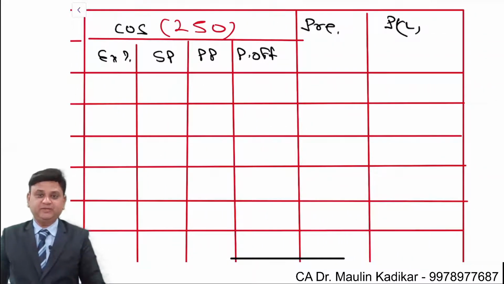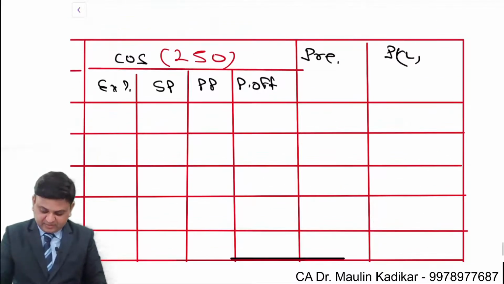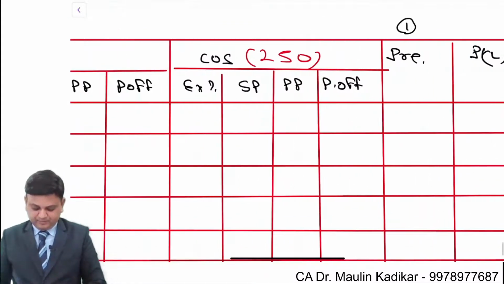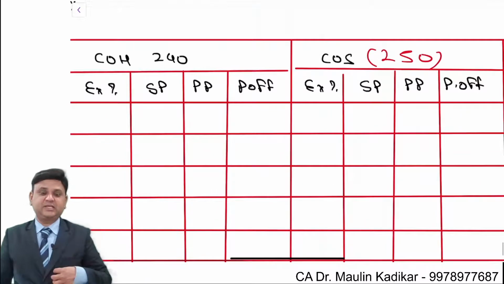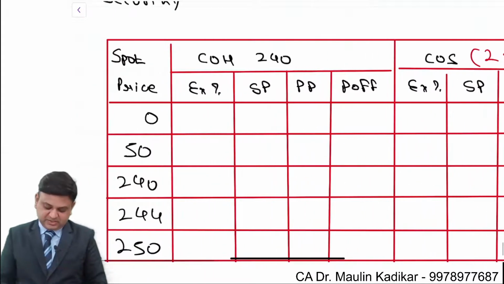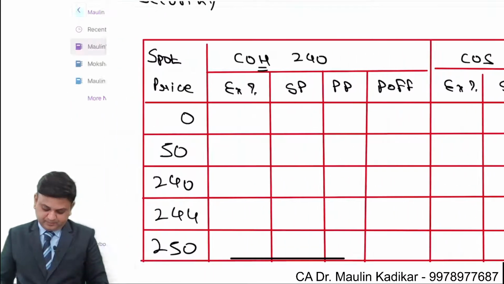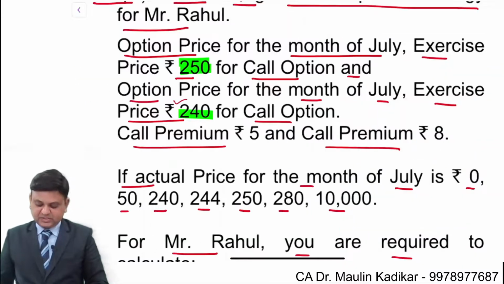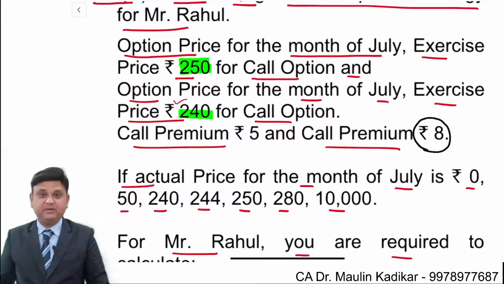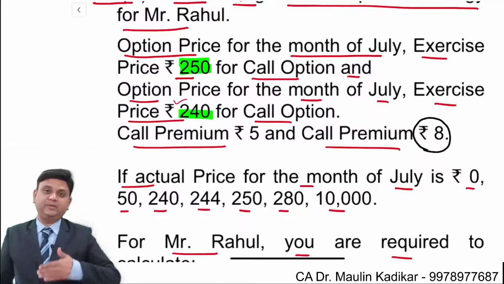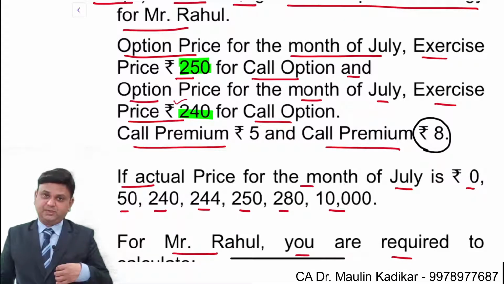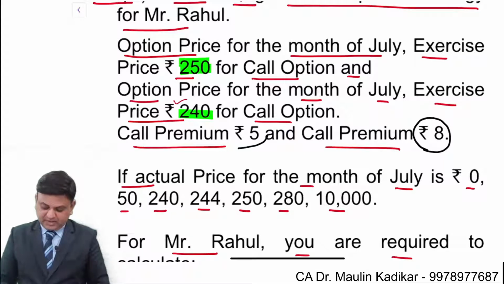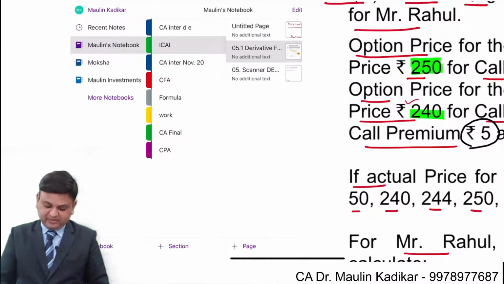As I told you even earlier, always start with the premium. See, the option having exercise price 240 we have purchased. We understand that the option having comparatively lower exercise price will have more premium. So you have to pay premium of rupees 8 to buy the option. And you will receive premium of rupees 5.